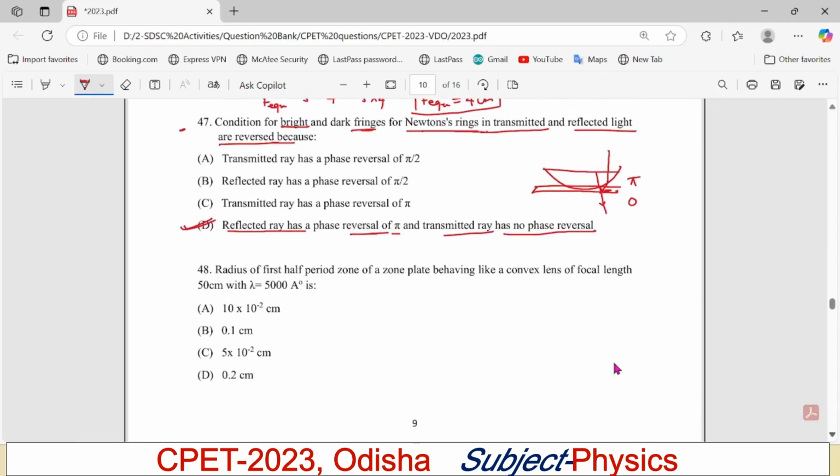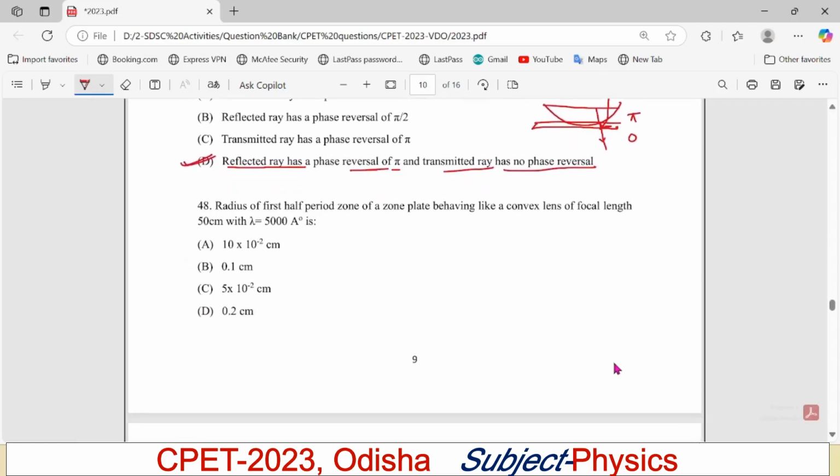Question 48. It is given the radius of half period zone of a zone plate, like a convex lens. You may remember this type of half period zones, bright and dark zones, which we find according to Fresnel's law of diffraction.